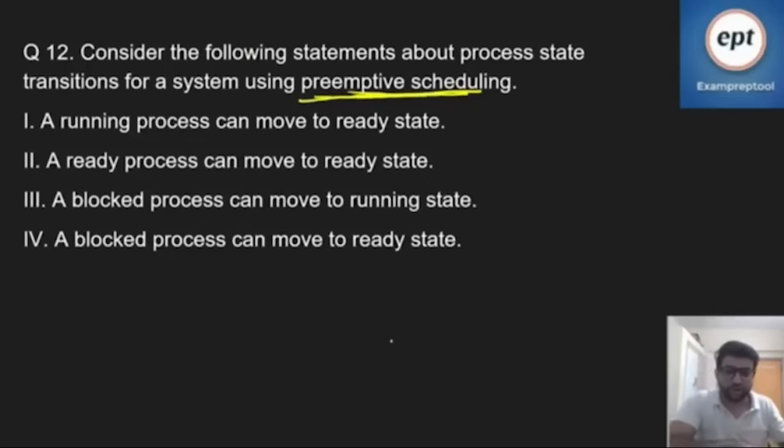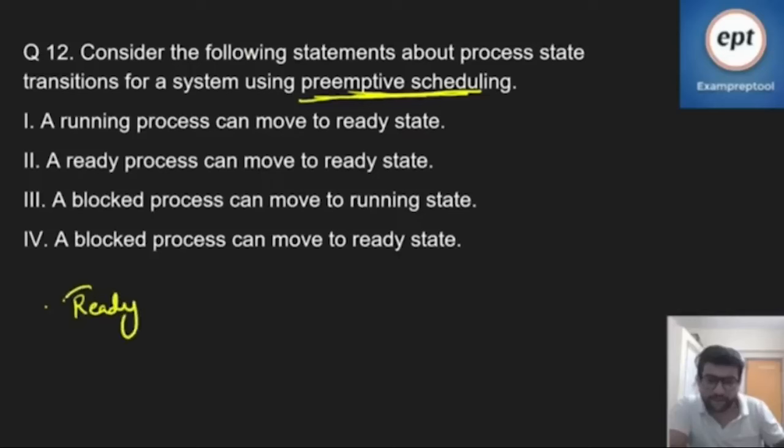So let me first draw the state diagram. We know that first the process is in the ready state. When the process is loaded in the main memory, it is known to be in the ready state. Before that is a new state, I'm not drawing that. After that, when the short-term scheduler selects a particular process, the dispatcher dispatches it to the CPU, right?